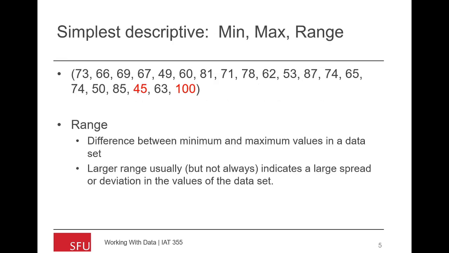But what we're going to do now is focus on the simplest end of this thing, and that is descriptive statistics. So the simplest descriptive is the minimum and the maximum and the range.